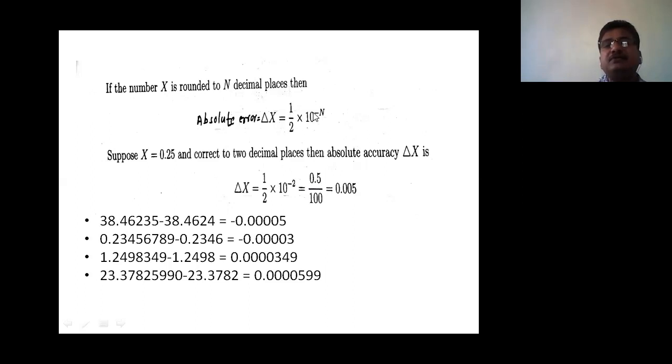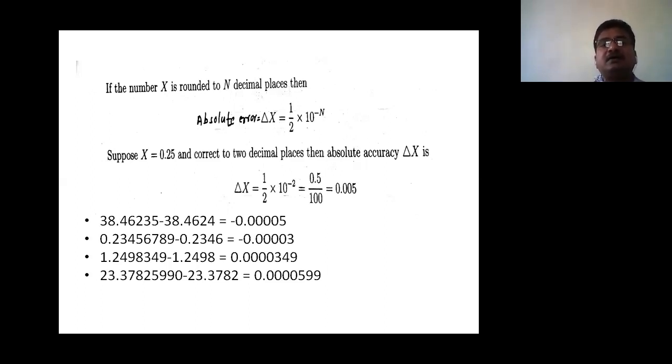So by using this formula, if we count the absolute error, if the number is rounded to 4 decimal places, then we have the answer 1/2 10 raised to minus 4. That is 0.5 into 10 raised to minus 4, which means what we have? The answer after the point, we have 4 zeros, then 5 and something.